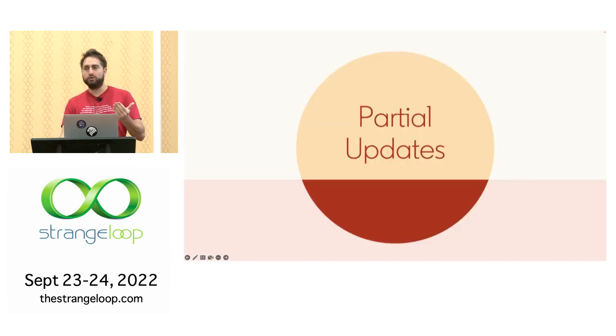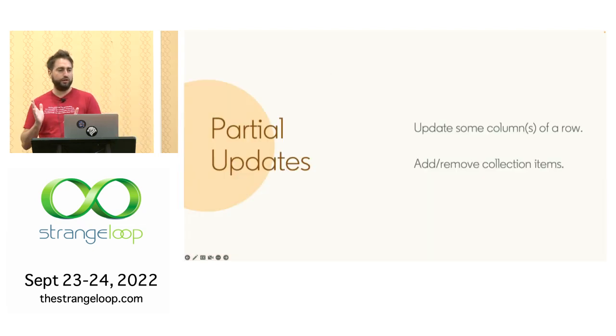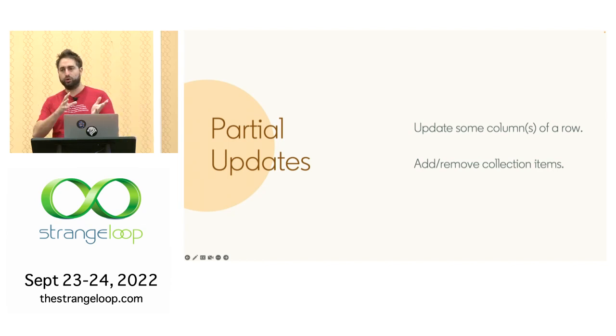There is one more technique for writing into Venice that I want to cover, which I think is maybe the most interesting in a way, which is partial updates. So partial updates allow the Venice user to declaratively update some columns of some rows of the data set, or alternatively, we have another operation in that framework that we call collection merging, where you can declaratively add or remove items from the collections defined in the schema.